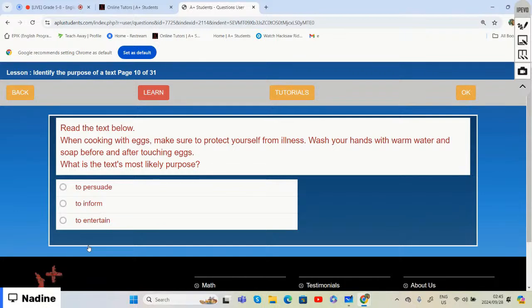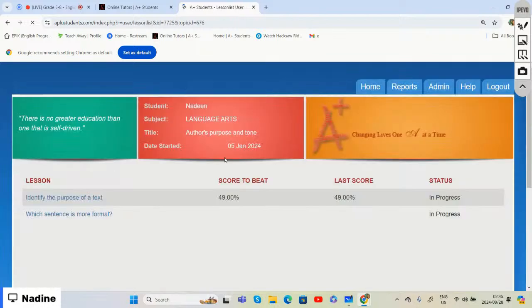All right, so this is now the end of our lesson on author's purpose and tone. In our next lesson, we are going to go over author's purpose and tone again, and we're going to focus on which sentence is more formal. But for now, this is the end of our lesson.